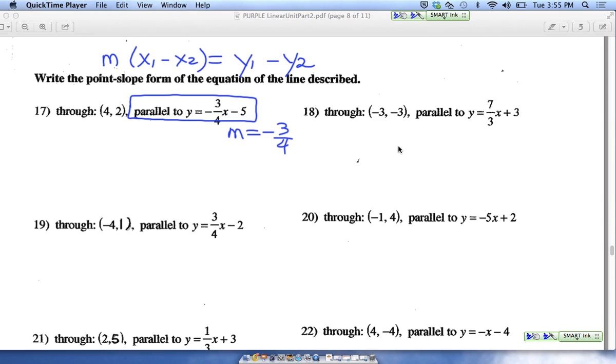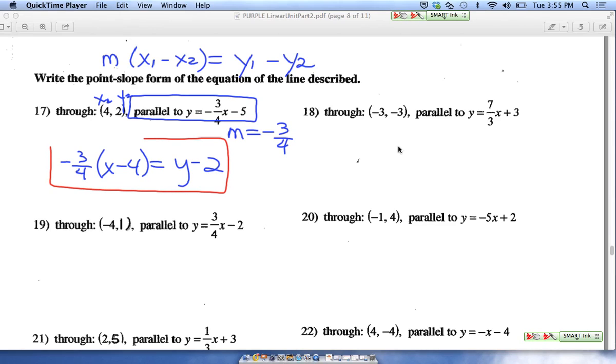And then the point, here's my x sub 2 and y sub 2. So to arrange this in the formula, I would have negative 3/4, and then I would have x minus 4 equals y minus 2. And then you stop right there. You don't distribute the 3/4 in, you don't do anything else. You just simply set up the model, and then you move on to another problem.